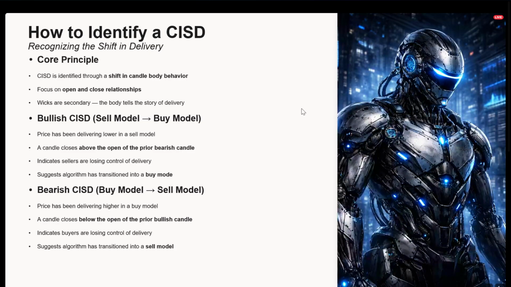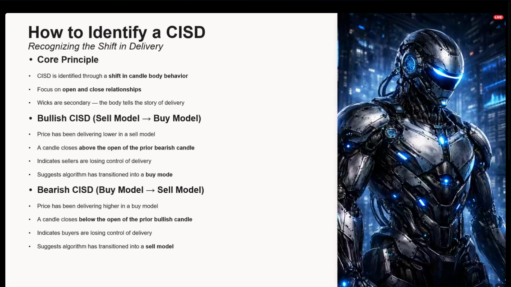So, how to recognize this shift in delivery. As we discussed, a CISD, or some people just say CSD, is identified through a shift in candle body behavior. You want to focus on the candle body. Do not pay attention to the wicks when you are looking for a change in the state of delivery.